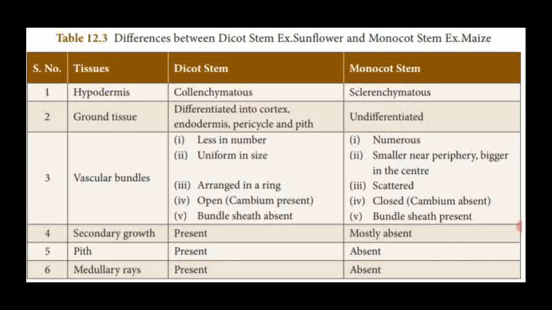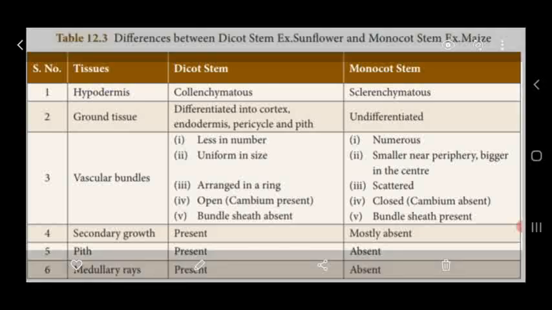Medullary rays. What are medullary rays? The central pith region afterwards elongates to form parallel cells which run between the vascular bundles. Those rays are called medullary rays or pith rays.